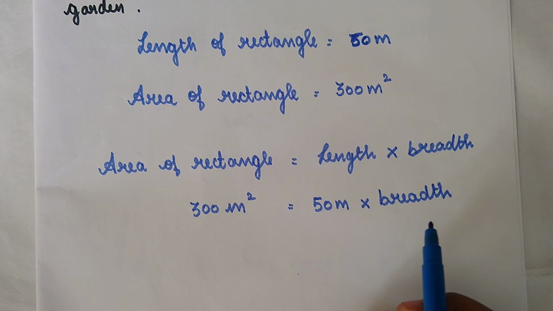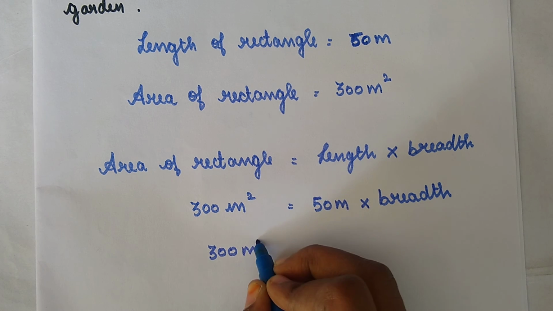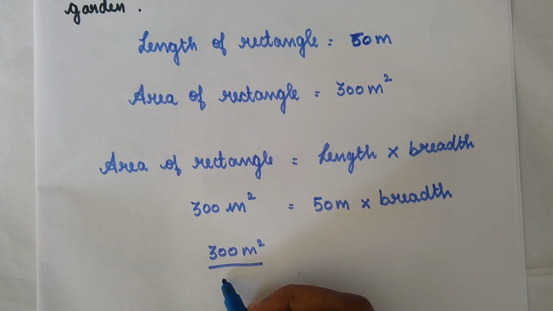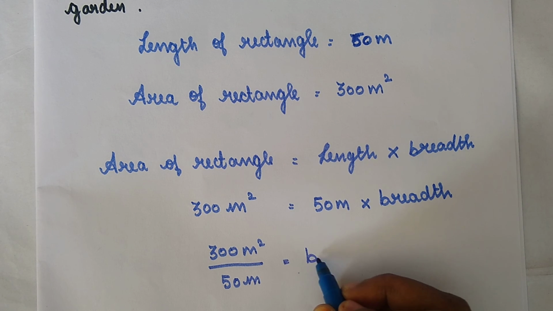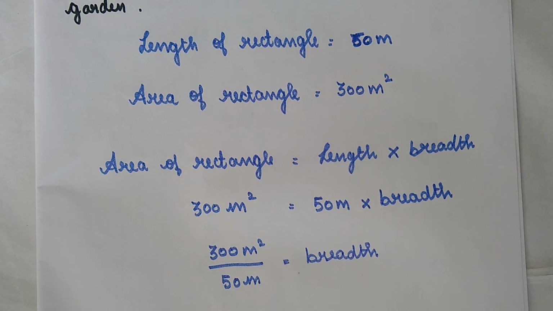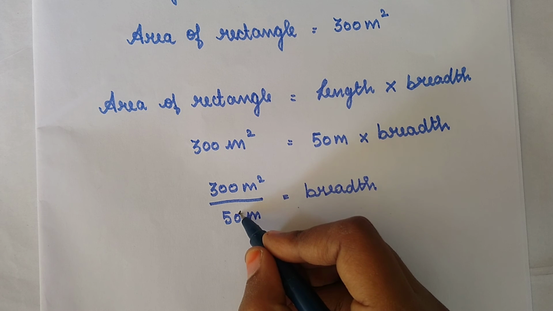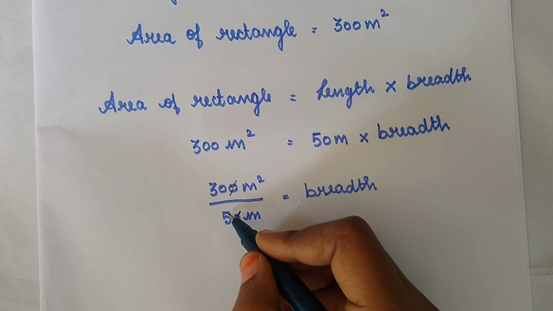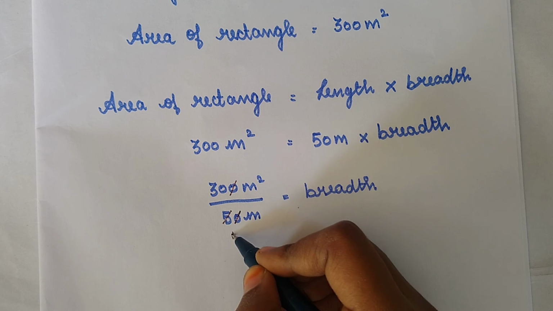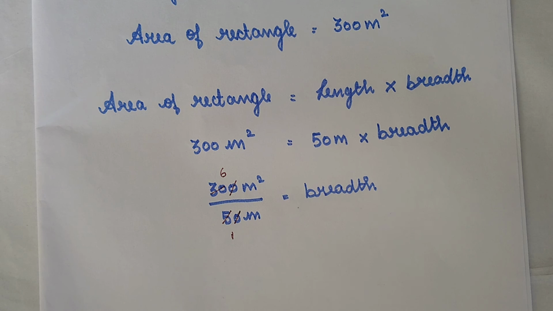Here we have to find the breadth, so we take 50 to the left side, so it becomes division. Next we cancel the zeros in the 5 10 table, then cancel in the 5 table. 5 ones are 5, 6 5s are 30.